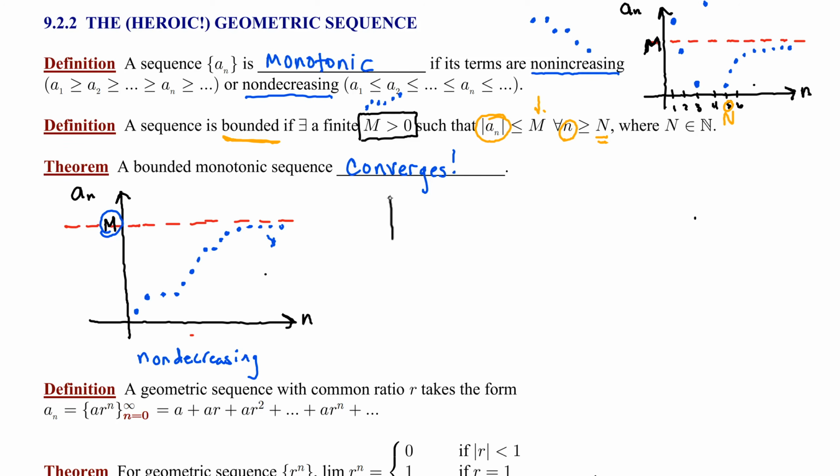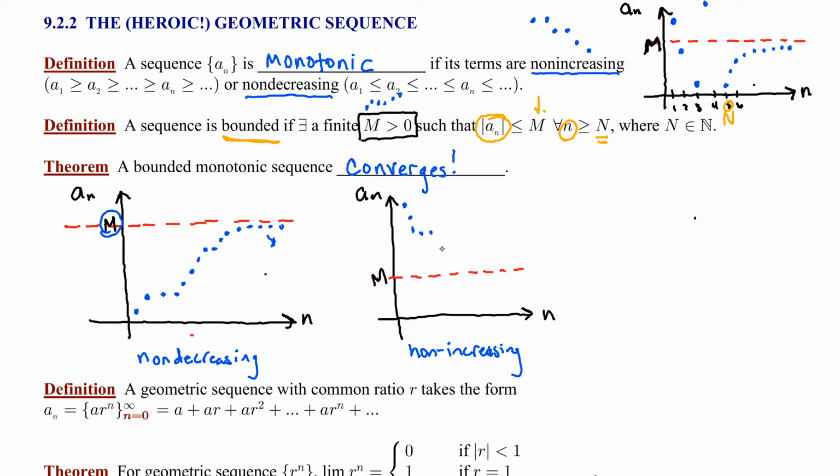On the flip side, you may have a non-increasing sequence, which is like decreasing but not quite. So let's suppose that there's some sort of bounded value M, and our sequence is going to be non-increasing. So that means it can either be decreasing or staying the same.